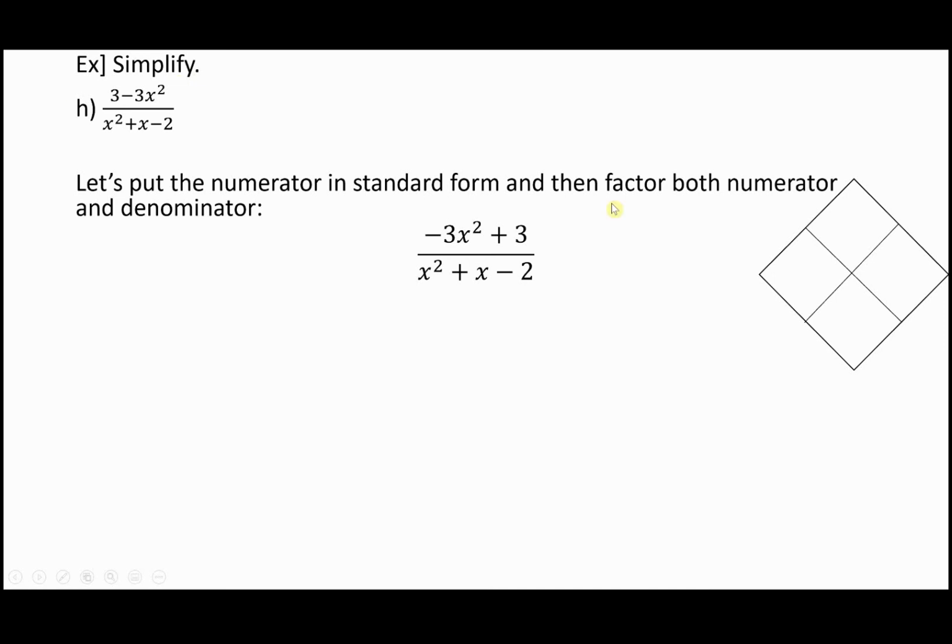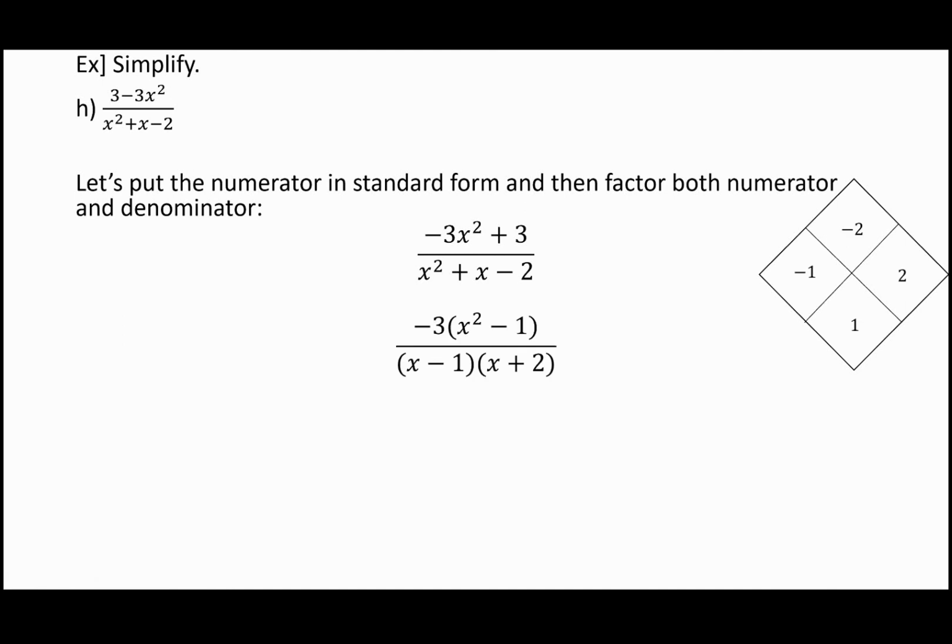Another instance in which we have a numerator polynomial that's not in the standard form. So we might want to consider rewriting it. In fact, that's exactly what I do in my first step. I rewrite the numerator in standard form, and then I'm setting myself up to factor the denominator because it is a second-degree trinomial.